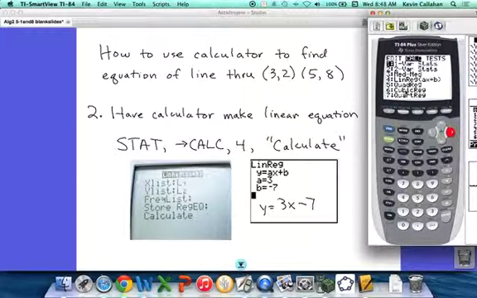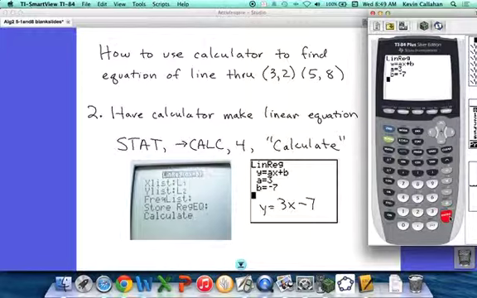That's the one you want. So you're going stat calc 4. And it should give you something like that. It says linreg ax plus b, hit enter. And you should see a screen.